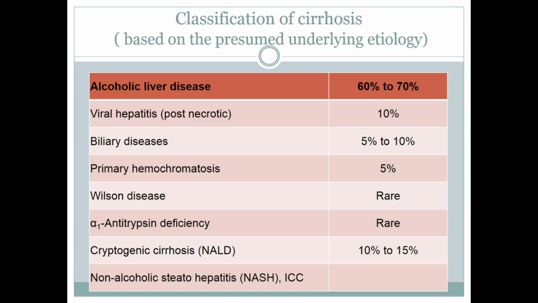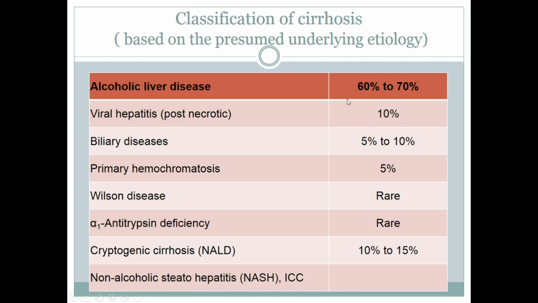But in a classification of cirrhosis based on etiology, these are the various etiologies which can clinically progress to cirrhosis. You can see 60 to 70% of all cases are due to alcoholic liver disease. That's why this is the most important. 10% is because of viral hepatitis.